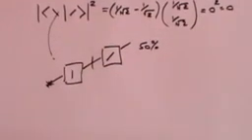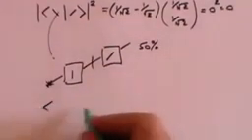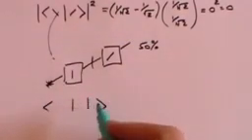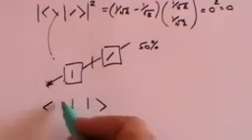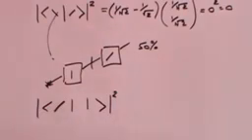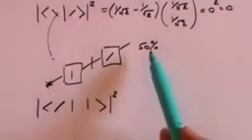Now we ought to be able to do it with our inner product. So what's our inner product? Remember, you prepare it on the right and you test to see if it will go through on the left. That of course is what's called the probability amplitude, and to find the actual probability you have to square it. And that should come to a half, which of course is the equivalent of 50%.